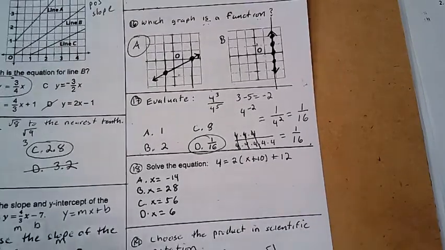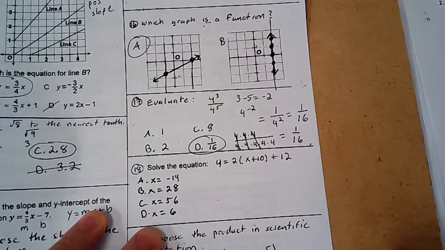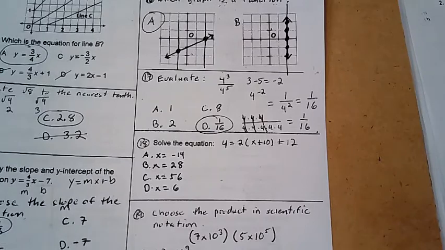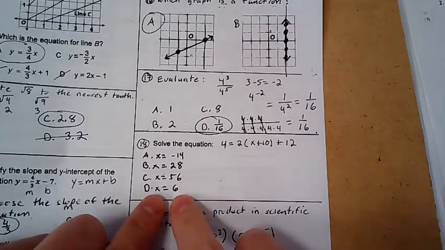Alright, for number 18, I'm going to plug in an answer that doesn't work, and then plug in an answer that works. Okay. So first, let's test option D. I'm going to test the smaller numbers first. Okay. So let's do x is 6.